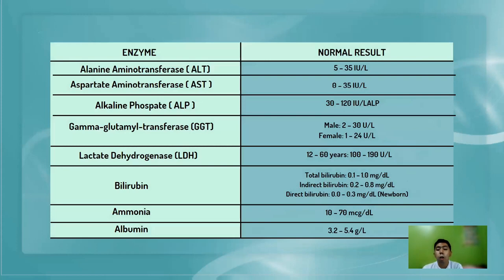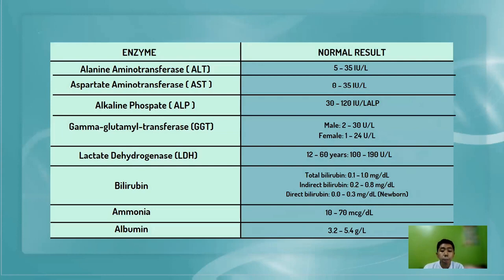And for female, 1 to 24 units per liter. And next, lactate dehydrogenase. For 12 to 60 years old, its normal result is 100 to 190 units per liter.